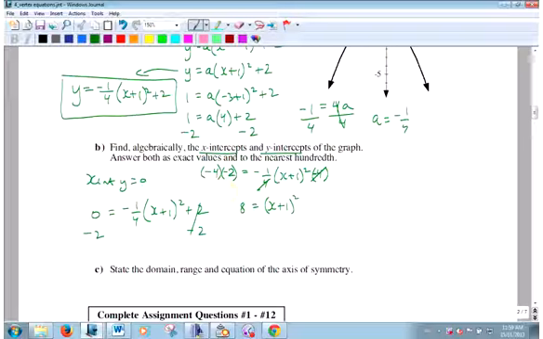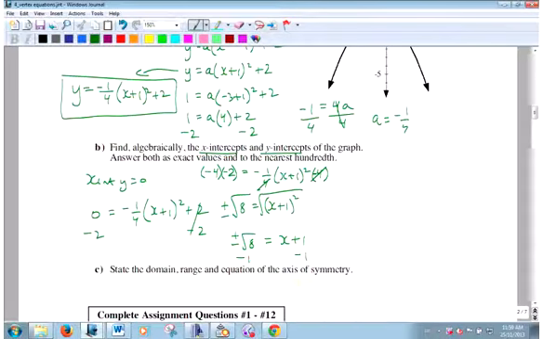Okay, how do I get rid of that squared? Square root it, both sides, but what are we going to remember to do? Plus or negative. Okay, so plus or minus root 8 is x plus 1. How do I get rid of the 1?